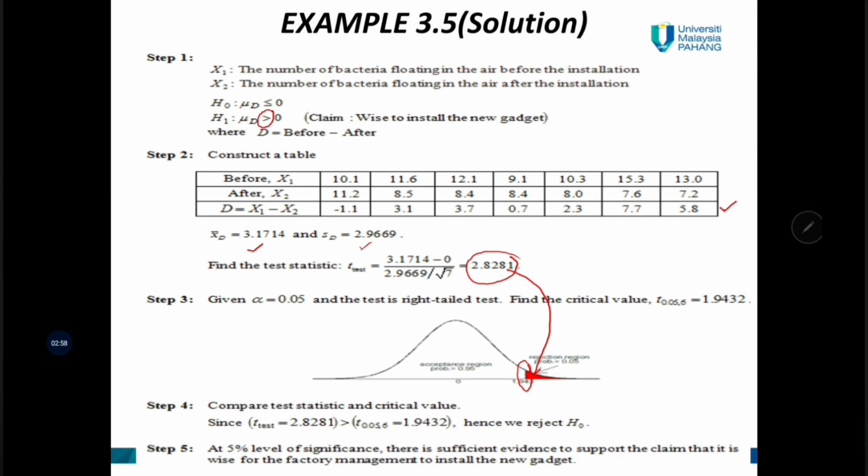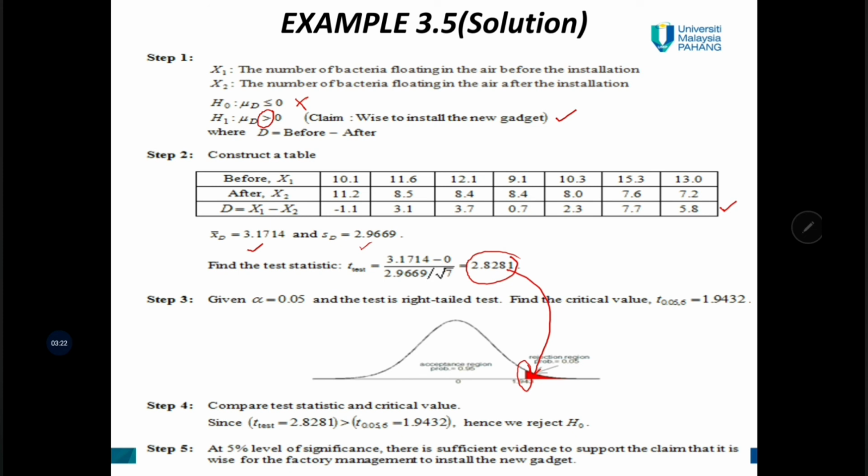So the decision is that we reject H0, and step 4 is complete. Go to step 5. We reject H0, meaning that we accept H1.